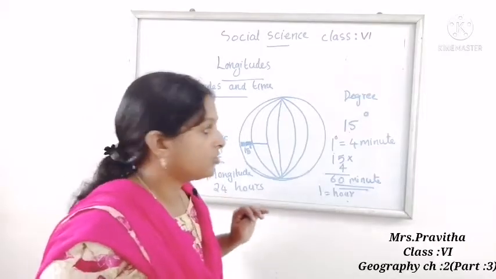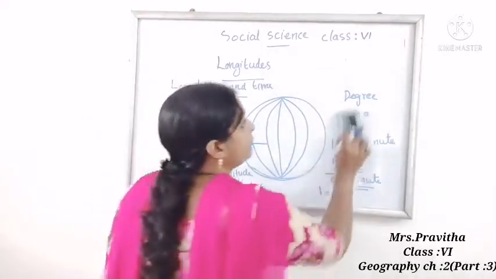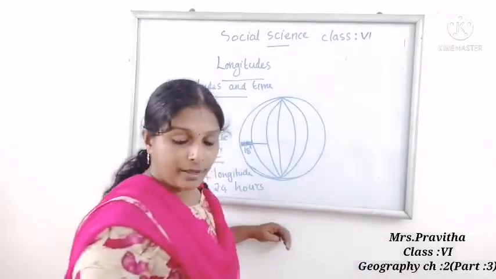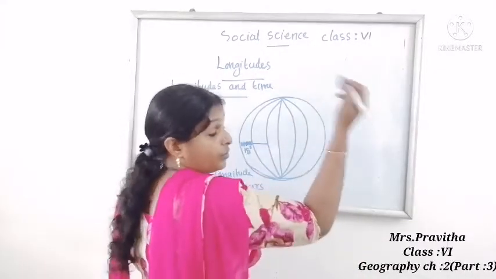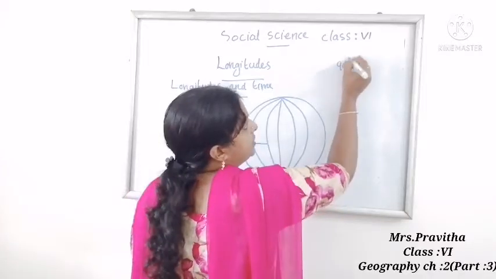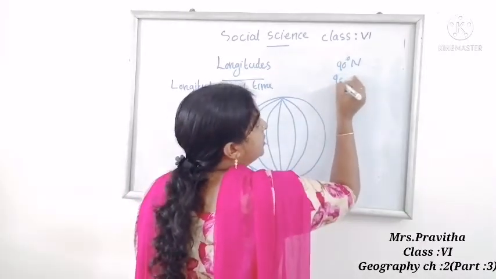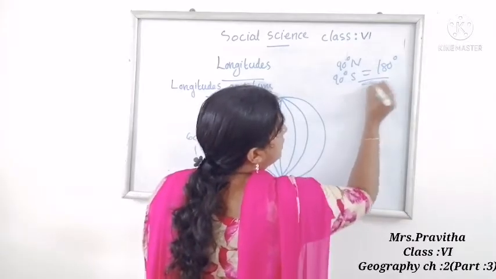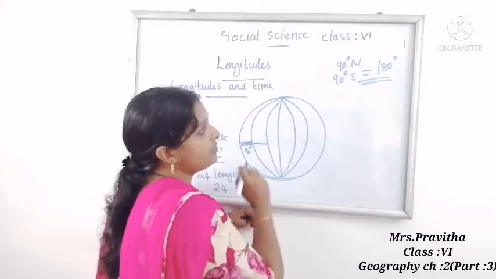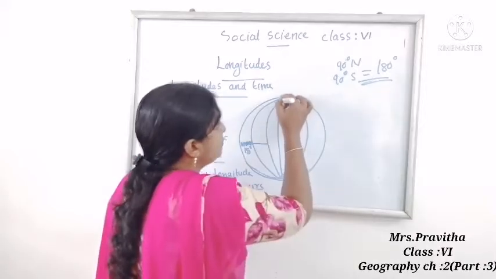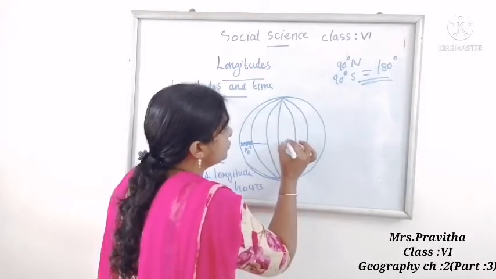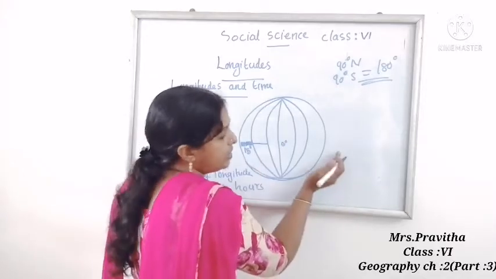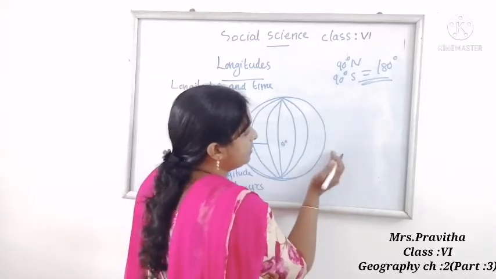Now ma'am will tell you in degrees. Ma'am taught you latitude: 90 degrees north, 90 degrees south. Altogether 180 degrees of latitudes are there. In the same way, longitude: 0 degree longitude divides the earth into 2 equal halves, the western hemisphere and the eastern hemisphere.